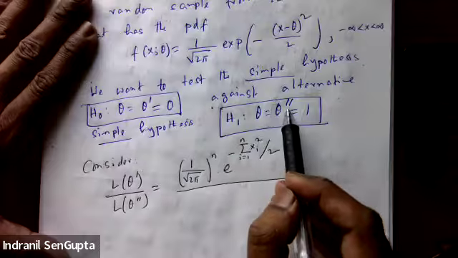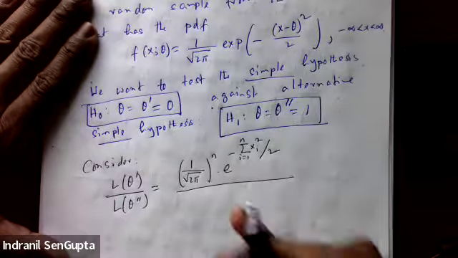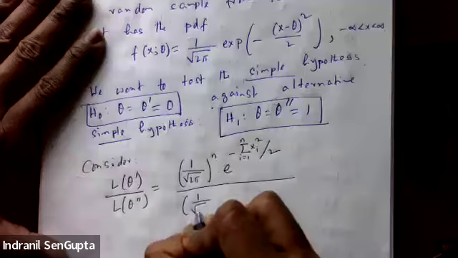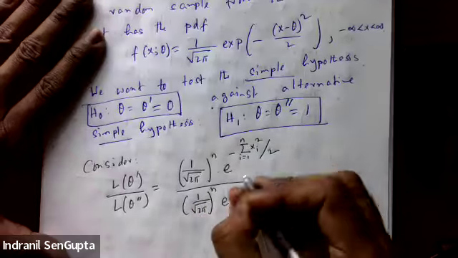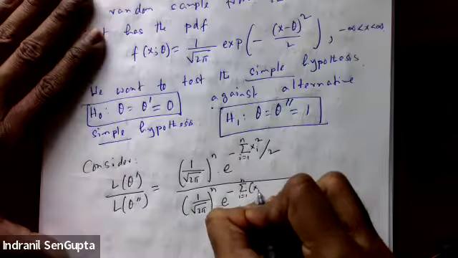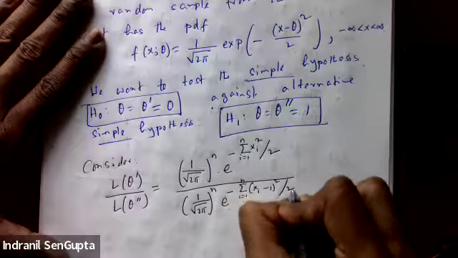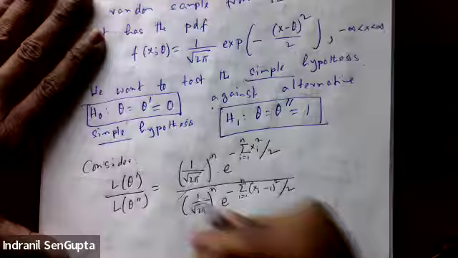For the denominator, my theta double prime is 1. So I have 1 over square root of 2 pi to the nth power, e to the minus summation i from 1 to n (xi minus 1) squared over 2. Okay, so this and this cancel.